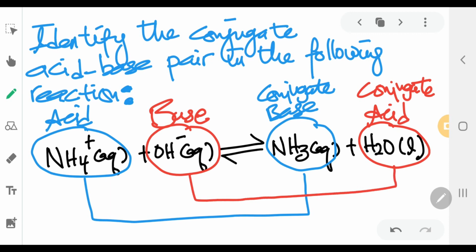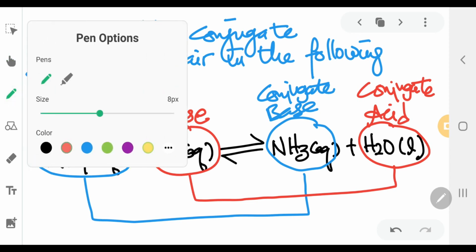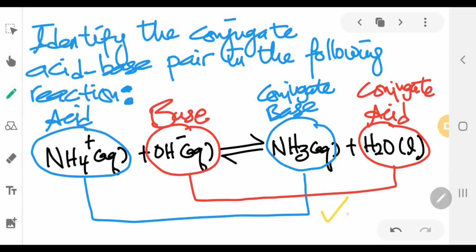So that's how you're going to label it. By doing this whole thing over here, you would be able to get 1 mark. Okay, so usually they're going to give you 1 mark for labeling like this.